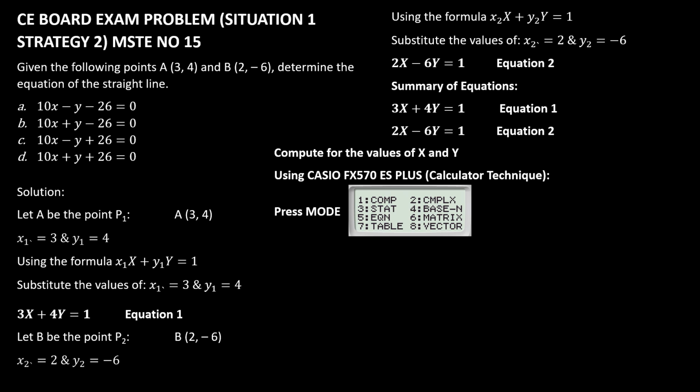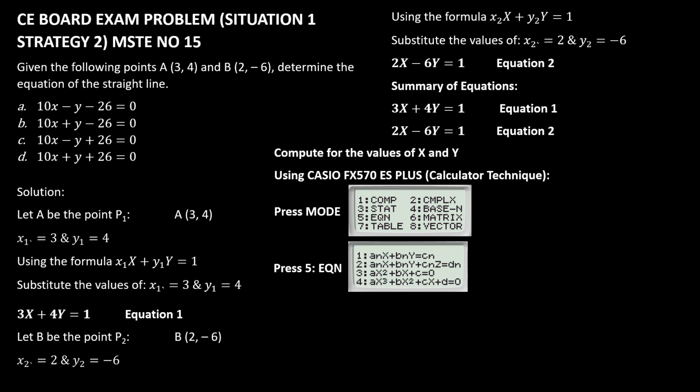Then we have to pick 5, EQN, meaning equation, and then the calculator will show this to us, and then we have to press 1. After pressing 1, this will be shown to us.